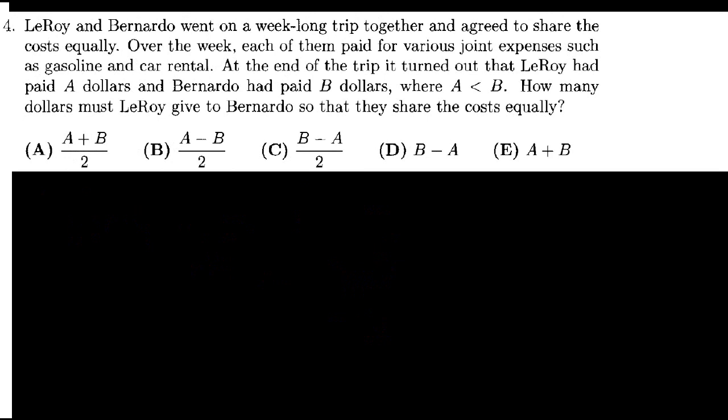A week later, each of them had paid various expenses, and at the end, Leroy paid A dollars, and Bernardo paid B dollars, and A is less than B. How much does Leroy have to give to Bernardo so that they pay the expense equally?